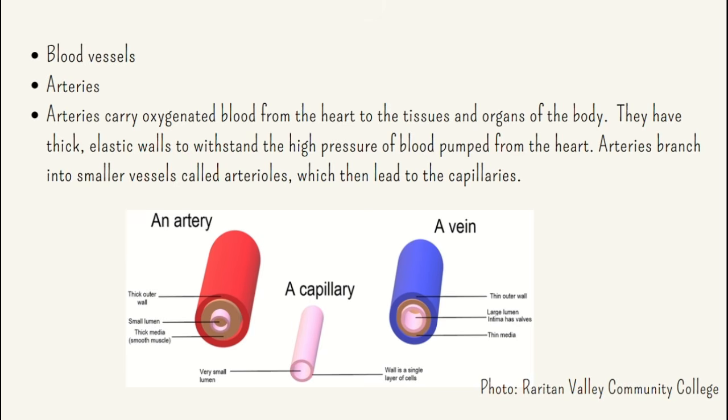The bigger it is, the lower the pressure, and the more narrow or smaller the lumen is, the faster the pressure. So the blood is moving fast. It'll leave the heart and go to the rest of the tissues and organs of the body. Remember we said that all the other systems and all our tissues depend upon this oxygenated blood, because the blood is what circulates all throughout the body.